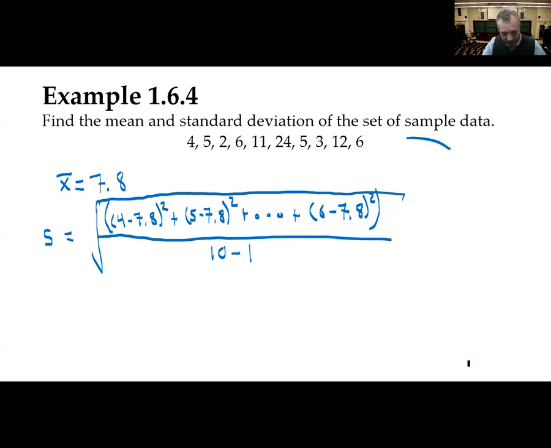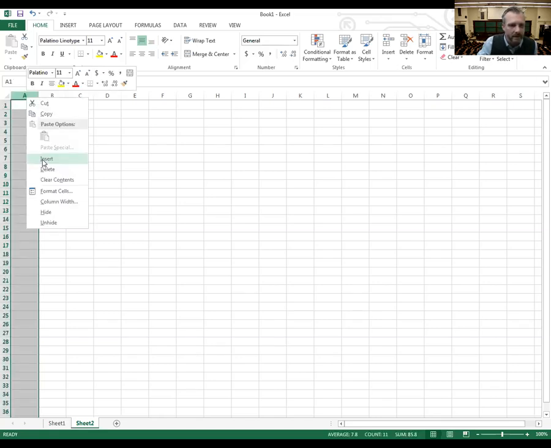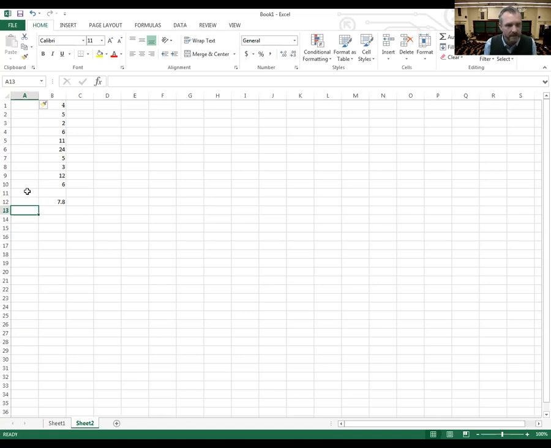But fortunately, we may also use Excel. So let's come over here to Excel. I could do this by hand, or not by hand, but I could do it in pieces like I did with the car batteries. Or why don't I just add a column here? Call this the mean. And then this, the standard deviation.